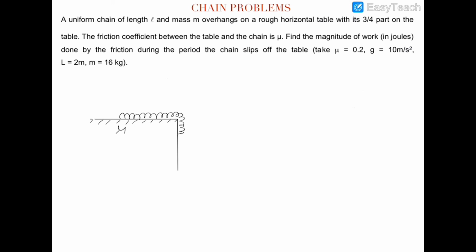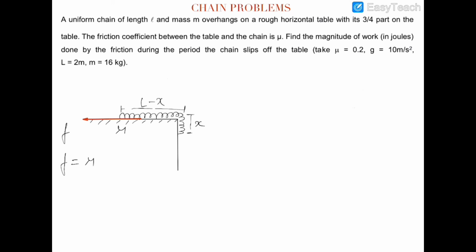Now let us assume that the part which is hanging at some time is x and this length will be L minus x, and therefore the friction force F acting on the length which is placed on the table will be equal to mu mg.